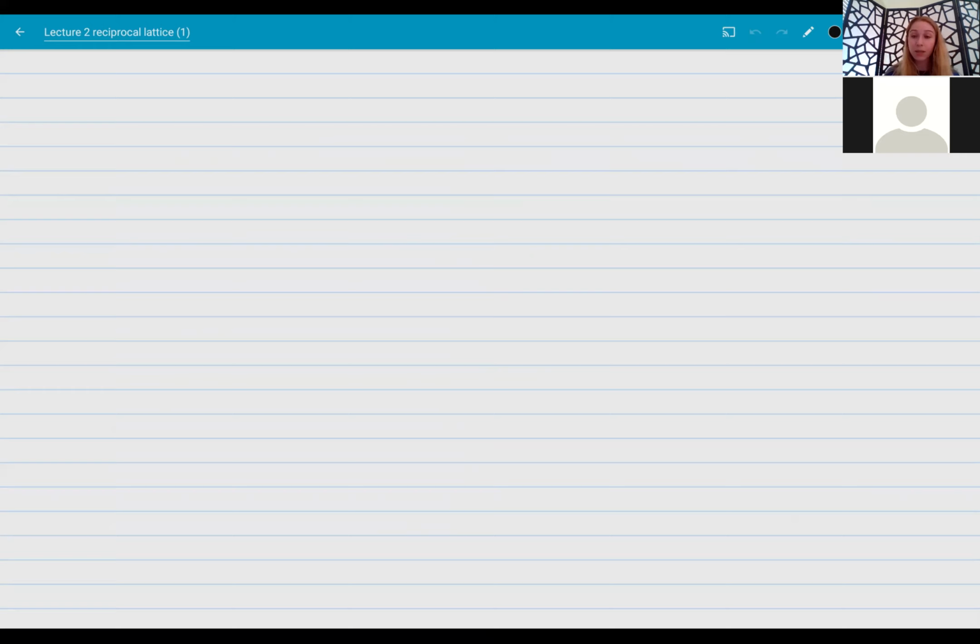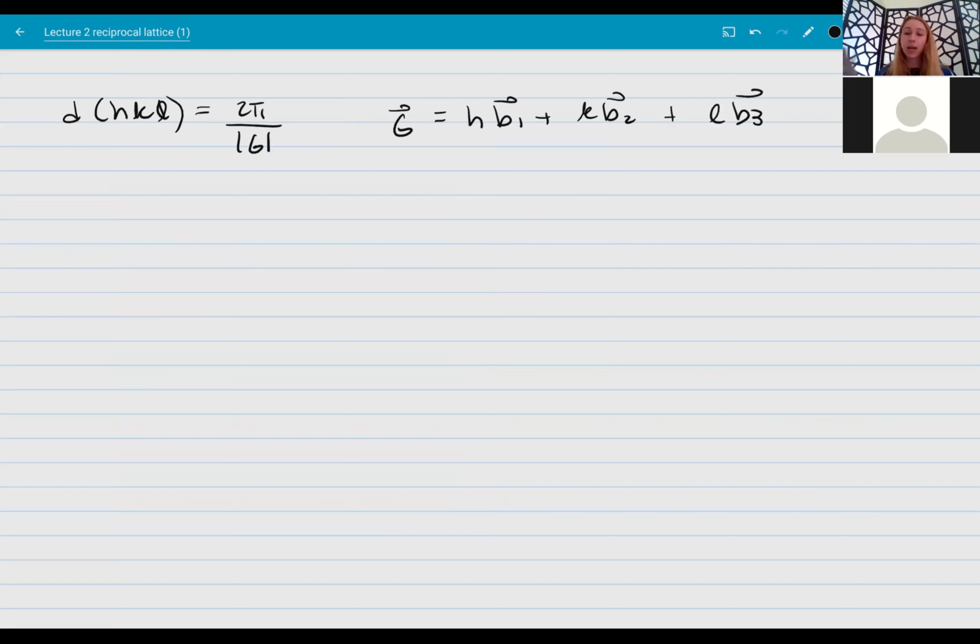Any crystal can be divided up into planes, and it turns out that the spacing between these planes for some given Miller index, d_hkl, is equal to 2 pi divided by the magnitude of a reciprocal lattice vector G, where G is equal to h b1 plus k b2 plus l b3, where h, k, and l are arbitrary integers, but they are the Miller indices associated with these specific planes of the crystal.